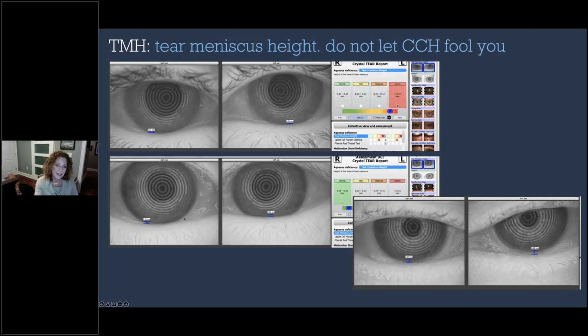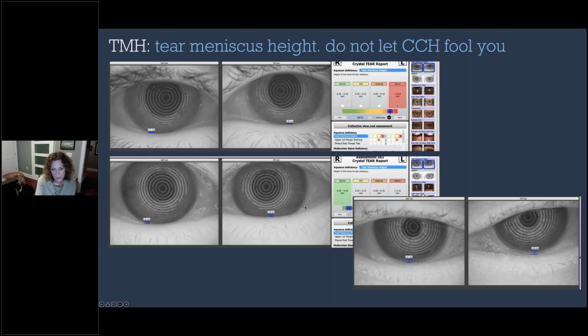This is a normal one because we're above 0.3, but down here, and even here, you have to be careful and say, okay, look at the amount of volume here laterally. Hopefully you can see my mouse, but I'm on the lower image on the left-hand side, and I'm looking temporally. The reason I always personally measure it in the middle is because I'm going to have more conjunctival chalasis laterally.